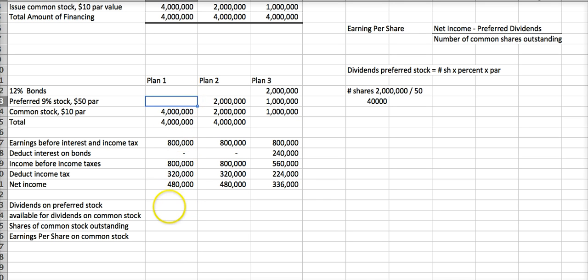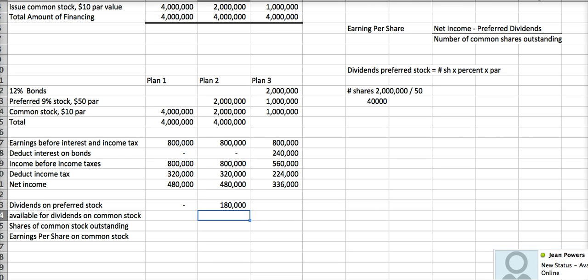We have no preferred stock, so there are no dividends on preferred stock. Alright, Plan 2. We have 40,000 shares, right here, times 9% times 50. So I get 180,000 of dividends on preferred stock.